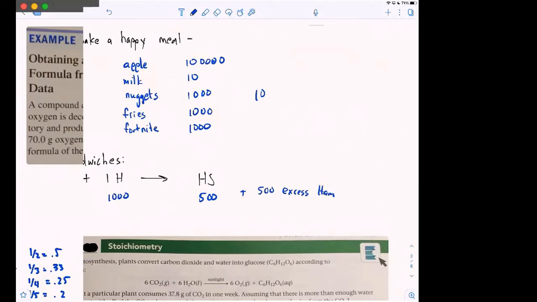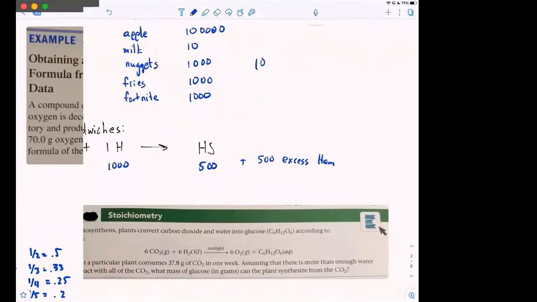We have how much product we can make, and then we have a certain amount of excess. It's very rare to have exactly the same amount of things. It's like buying containers of hot dogs and buns at the grocery store, right? They actually mismatch that on purpose, so it's hard to get the right ratio. So you have to buy more of one. So this is a limiting reagent. I think you're starting to get it.